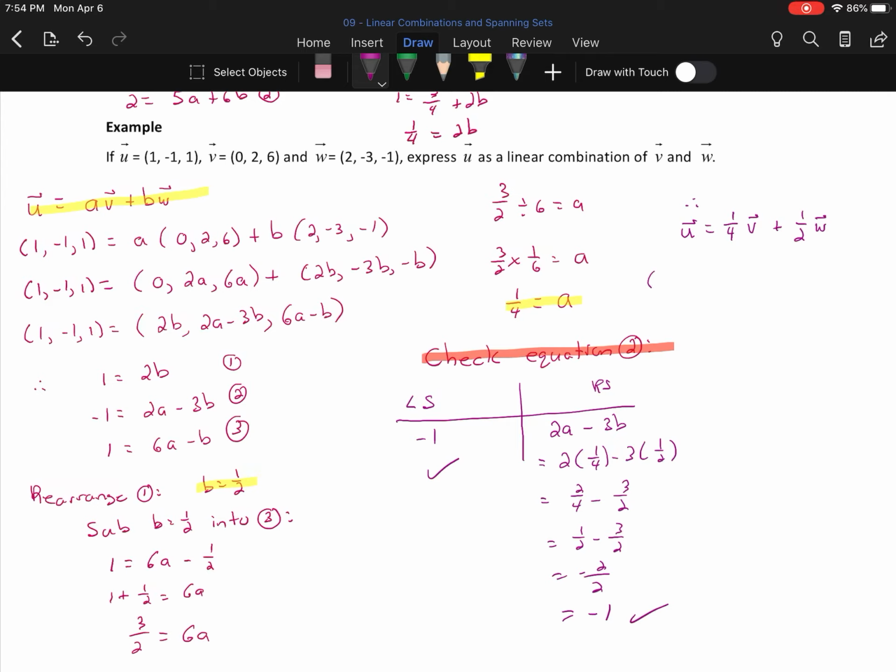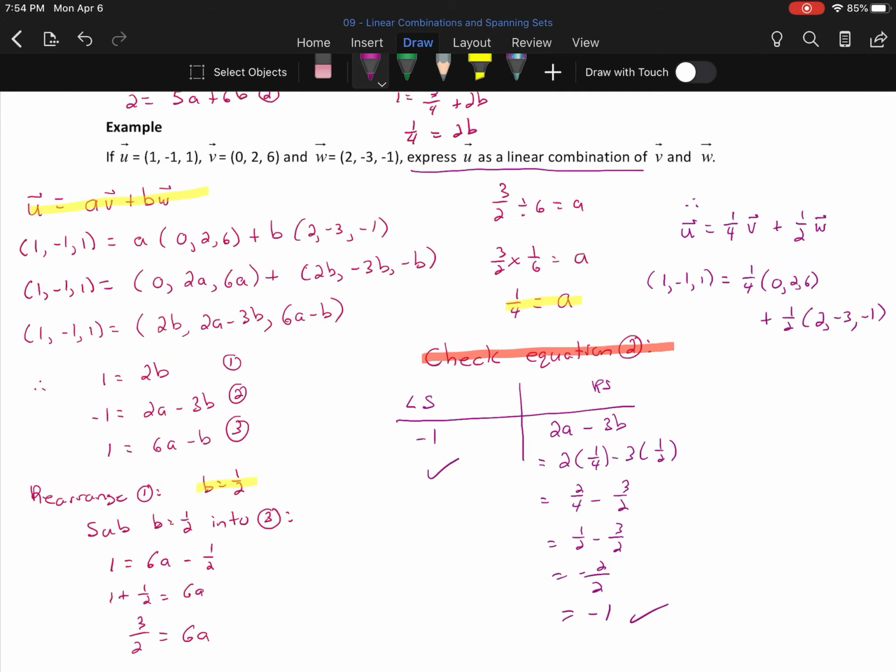I had to look around for that, times the w. Apparently this will work. And you can check it if you want. You can punch all the numbers in and see that you can get 1, -1, 1, if you can get that vector by going 1/4 times 0.26 plus 1/2 times 2, -3, -1. And it'll work. You'll find that works out.